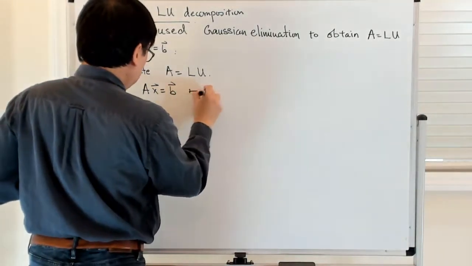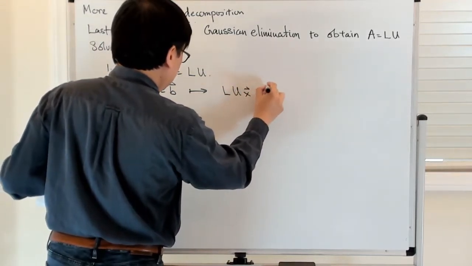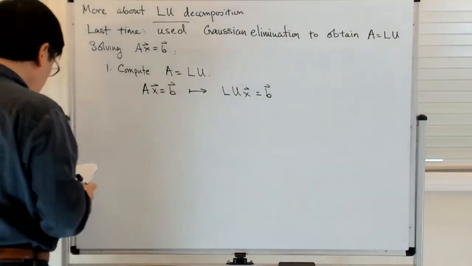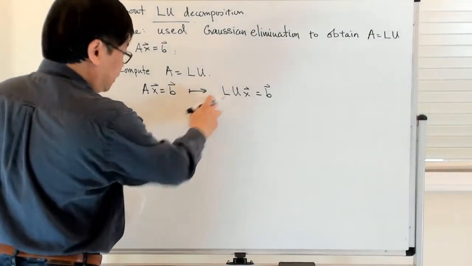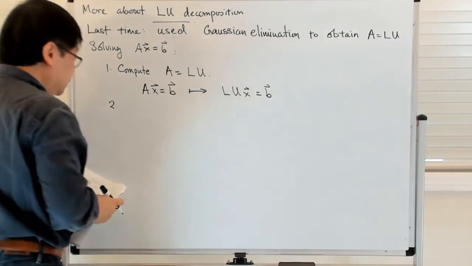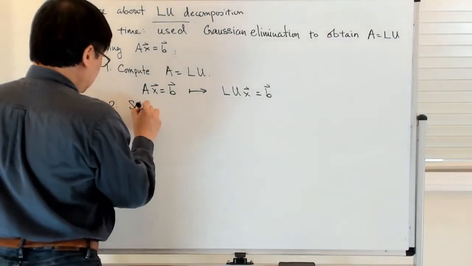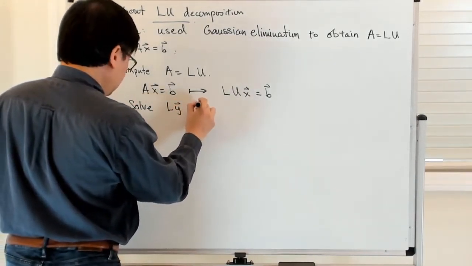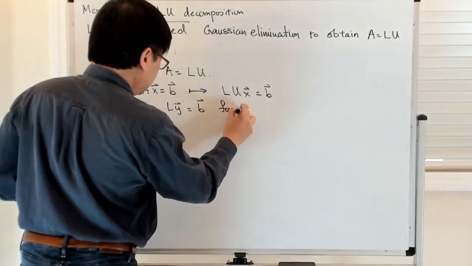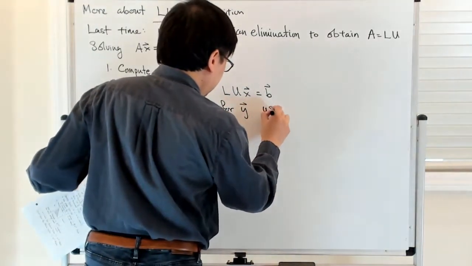So this gives me LUx = b. So the first step is to invert essentially the lower triangular matrix. So I can solve Ly = b for y using forward substitution.